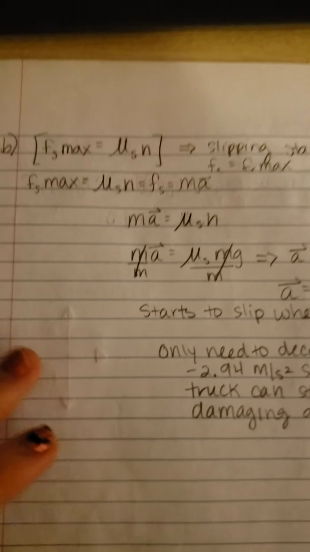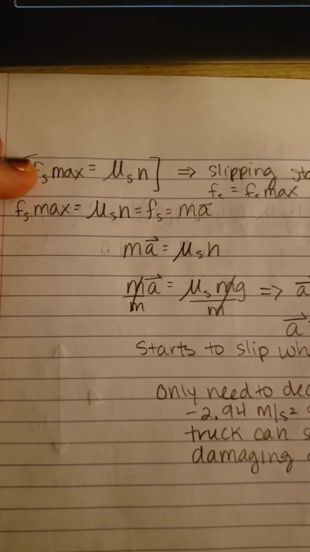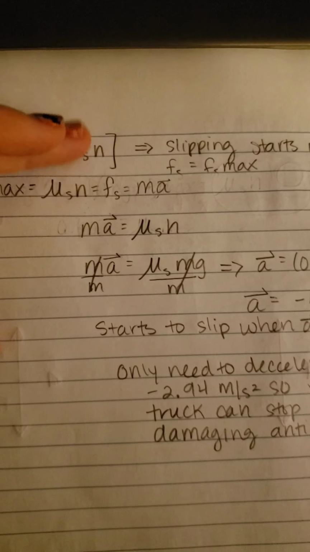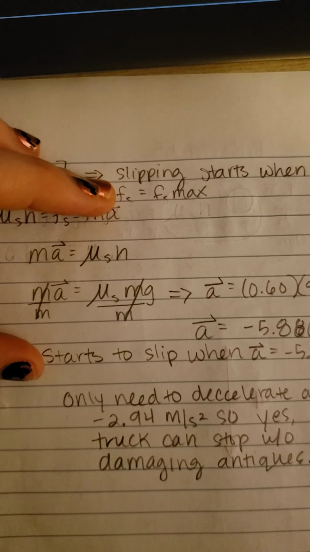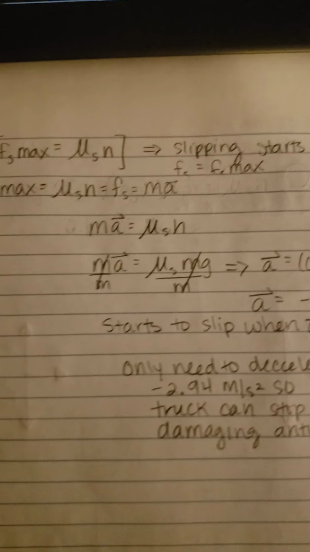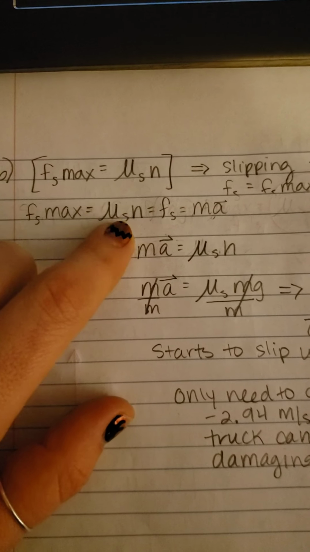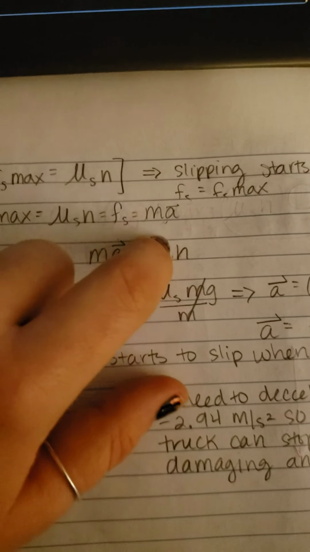So for part B, same strategy. We know the max friction is mu static times N, and we know that the slipping is going to start when the static friction is at its max. So Fs max is mu static N, and static friction is ma.